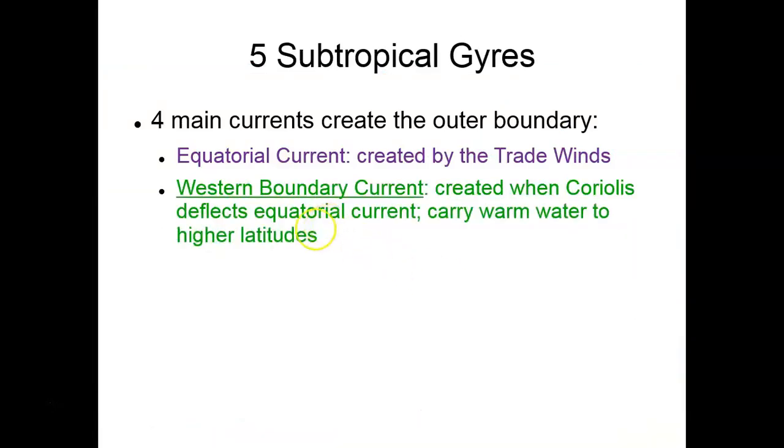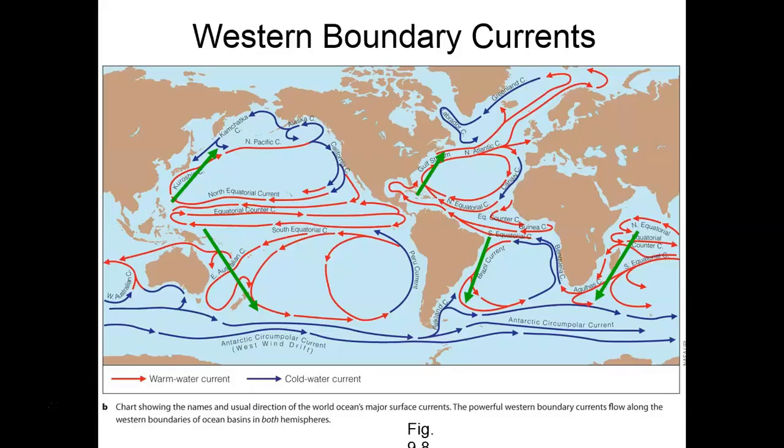Then we also have a western boundary current, and this is created when the equatorial current runs into land and Coriolis deflects it. The western boundary current always carries warm water because it's coming from the equator and moving towards higher latitudes. I've highlighted these currents in green.